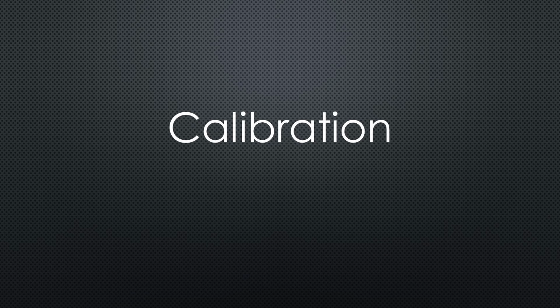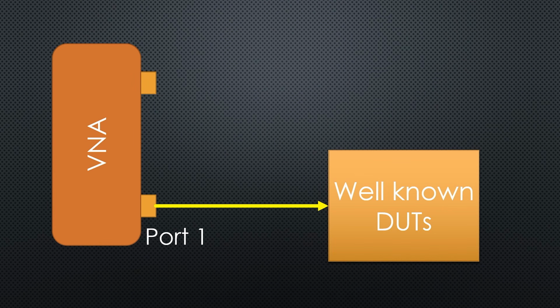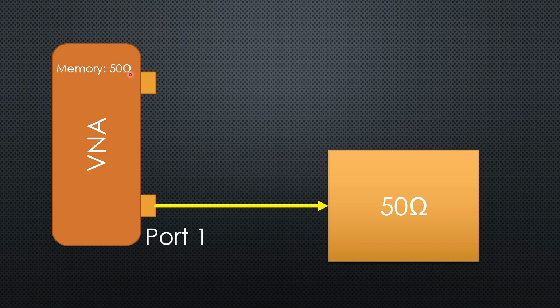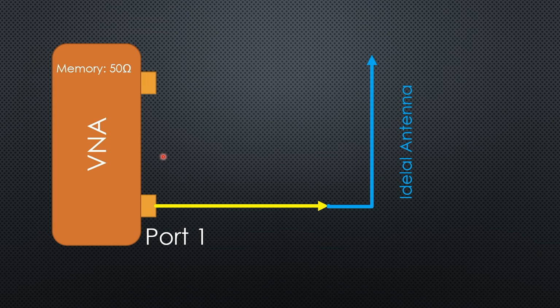How is this possible? If we use well-known DUTs and tell the instrument their exact value, it can remember this fact. For example, if I attach an exact 50 ohms resistor to port 1 and tell the instrument that it is 50 ohms, it will later recognize a well-matched antenna and also display 50 ohms.